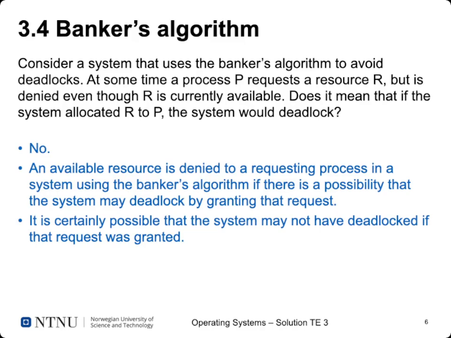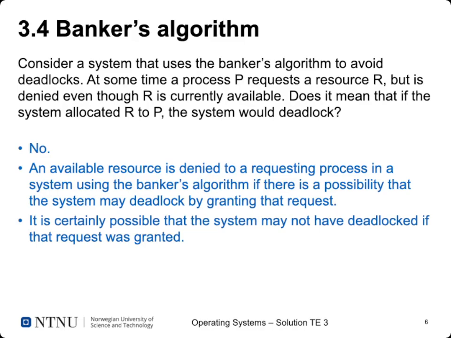And the reason is that an available resource is denied to a process that requests it using the banker's algorithm if there is just a possibility that the system may deadlock by granting that request. So we have no guarantees. So it would actually be possible to grant this resource R to process P in this situation, but then we have an unsafe state.